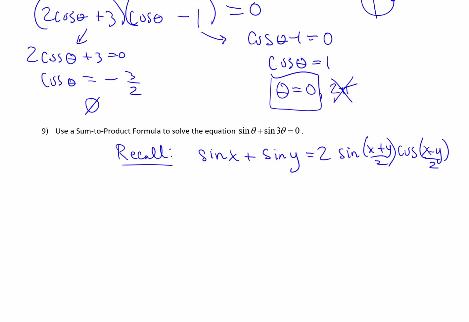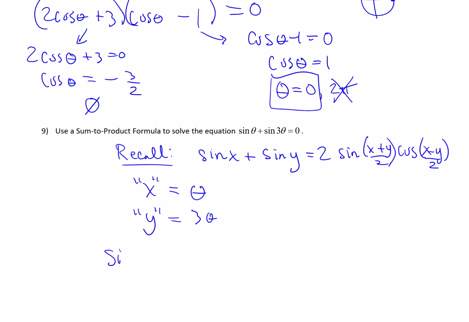So here we go. Now we're saying that x, at least as it is in the given formula, x for us is like theta, and then y for us, the second input here, is like 3 theta. So all we have to do is plug these in accordingly.